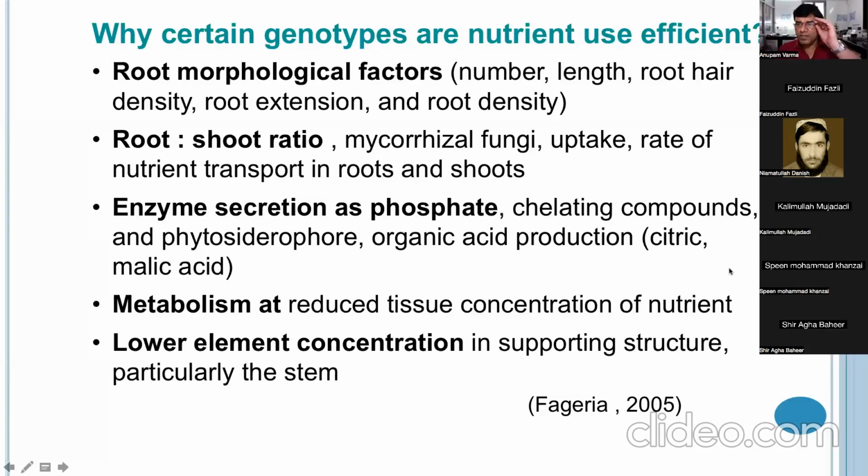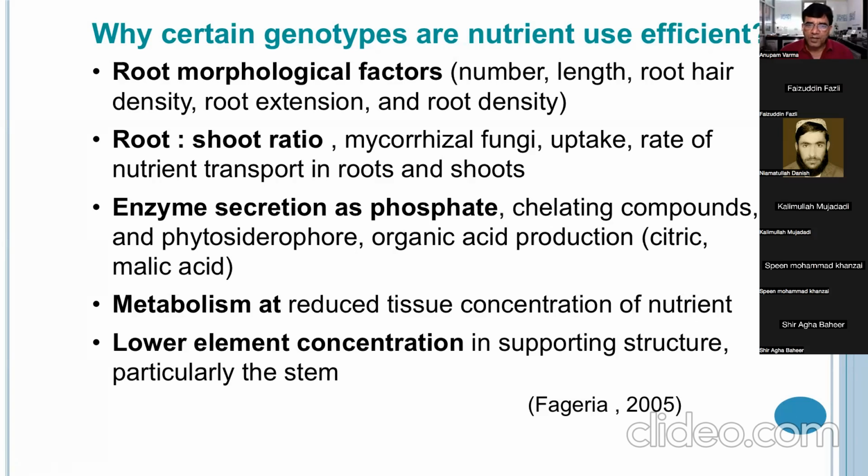So now Sheen has asked the question, why are certain genotypes nutrient use efficient, and why? So in this case, I was discussing that the root morphological features are important. The differences in root morphological features make the difference in genotypes, whether they will be use efficient or not.